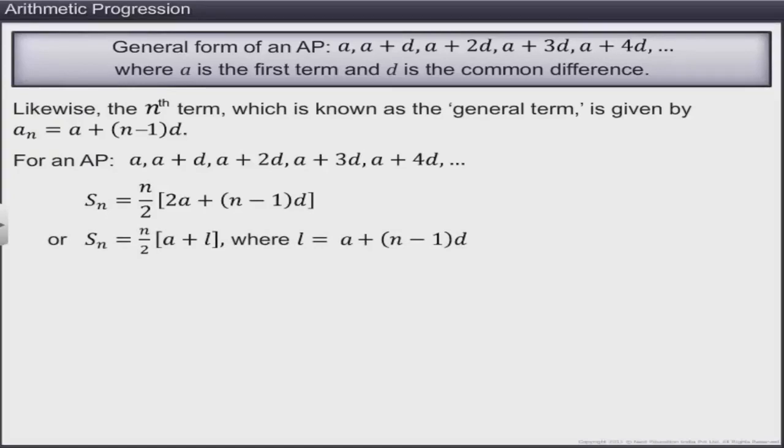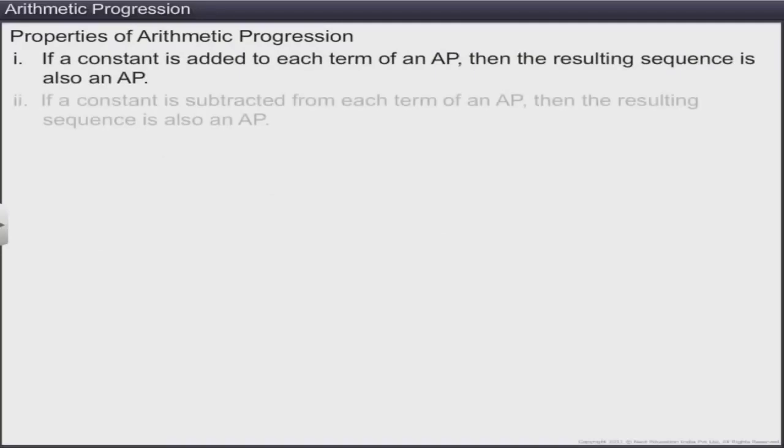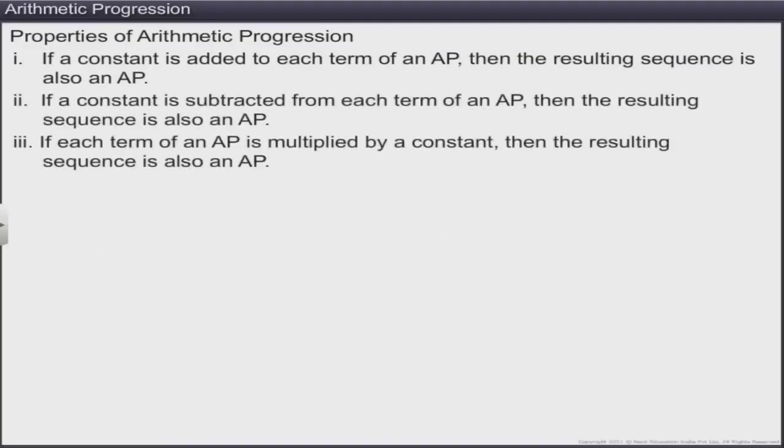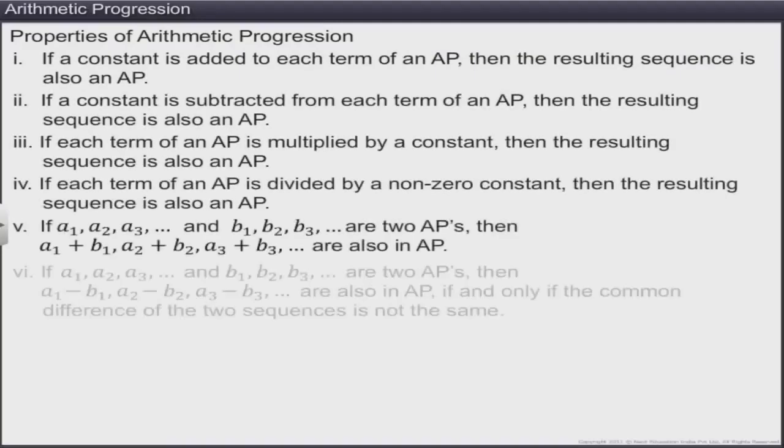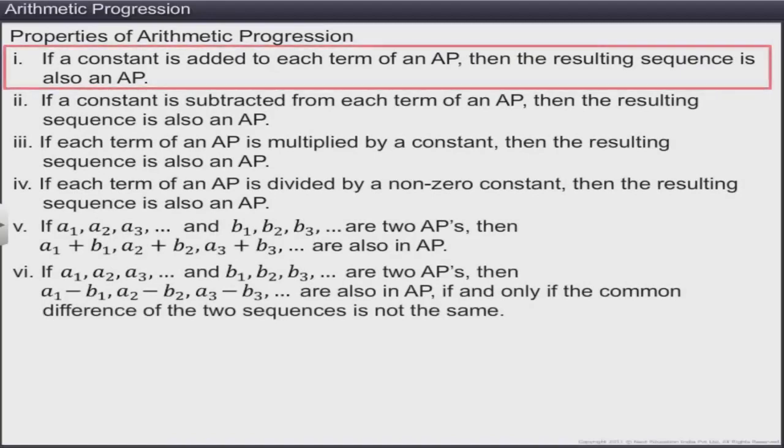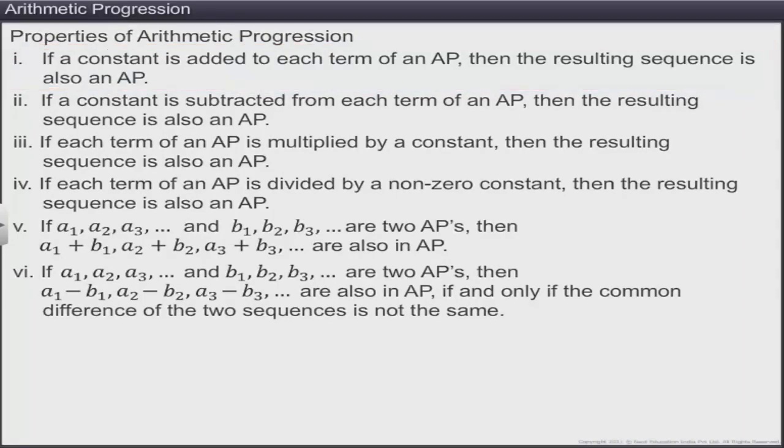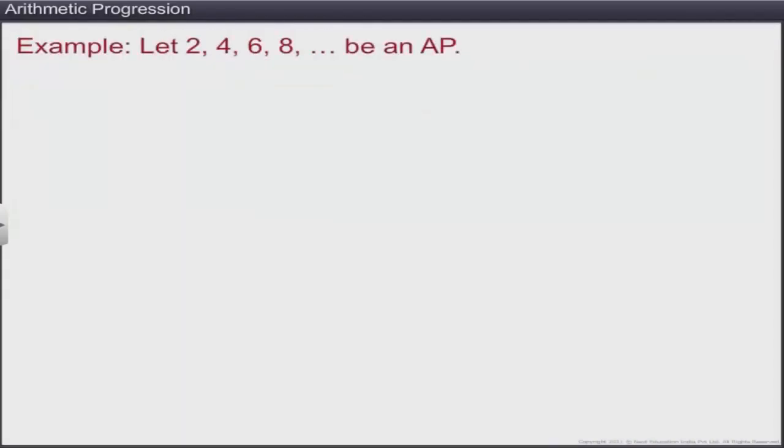Now, let us verify some properties of an arithmetic progression one by one. First is, if a constant is added to each term of an arithmetic progression, then the resulting sequence is also an arithmetic progression. Consider an arithmetic progression with the terms 2, 4, 6, 8, and so on.